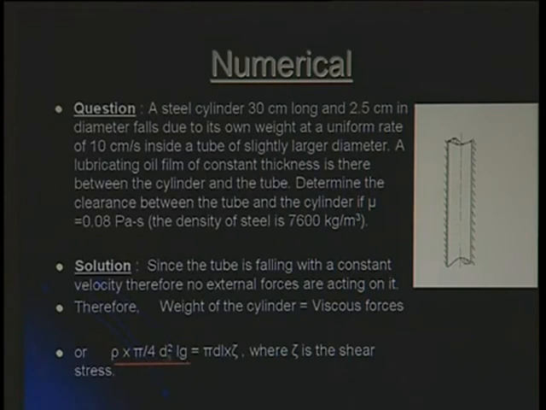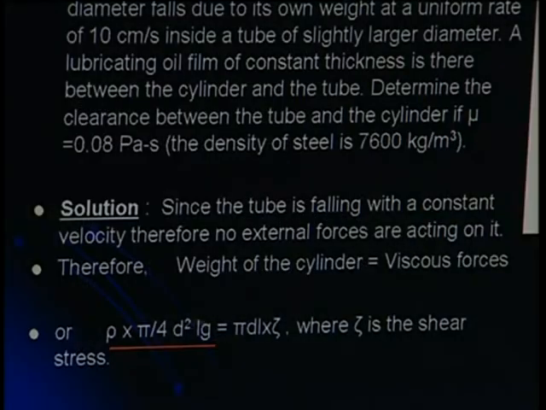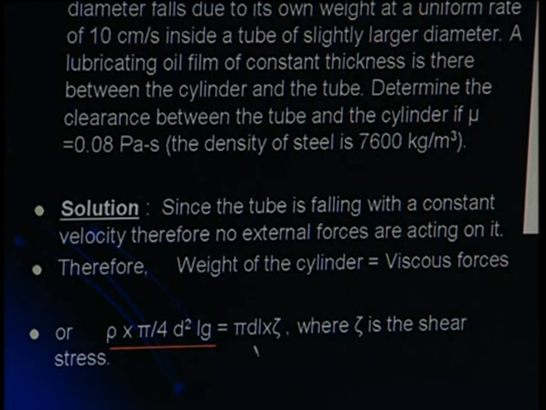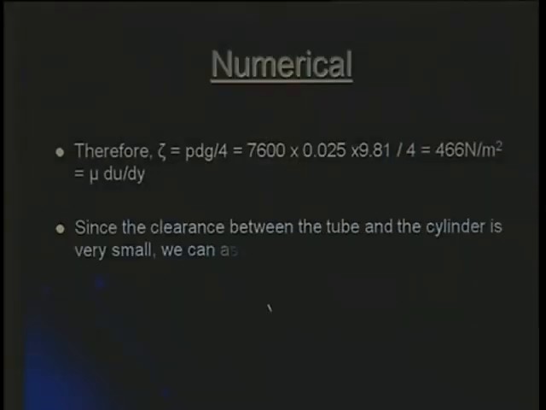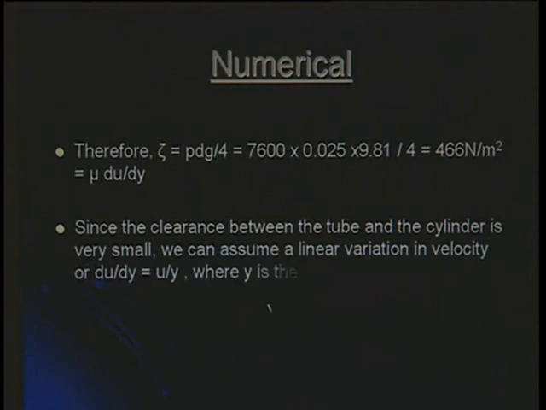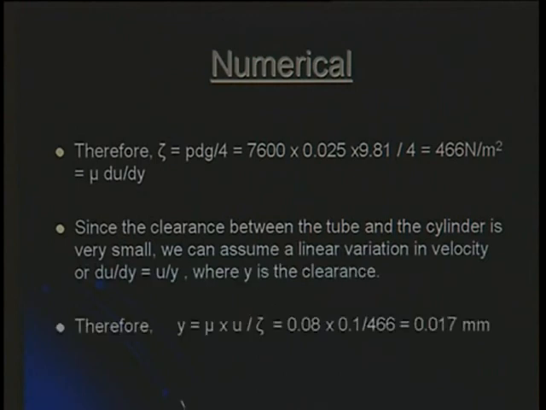So volume multiplied by G, weight of the cylinder, is equal to pi dl into tau. So tau is taken with the help of Newton's viscosity law, and we solve this equation, and ultimately we will get this answer. That answer is equal to 0.017 mm.